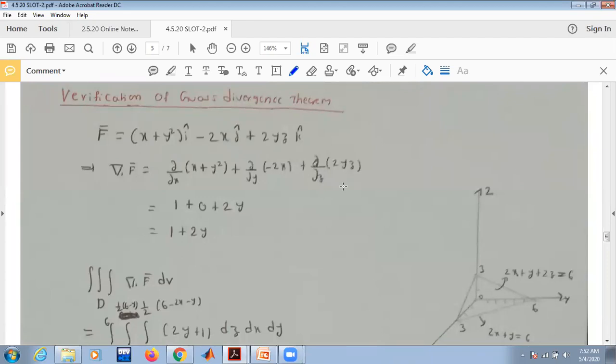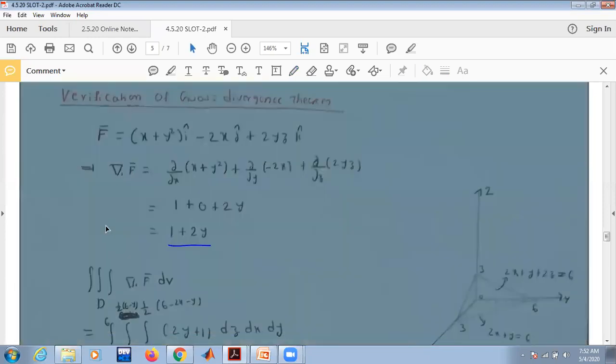That is the formula. First component derivative with respect to x: x derivative is 1, y square derivative is 0. So it is 1. Second component derivative with respect to y is 0. There is no y in this. Third component derivative with respect to z is 2y. So this is 1 plus 2y. 1 plus 2y is del dot f bar.